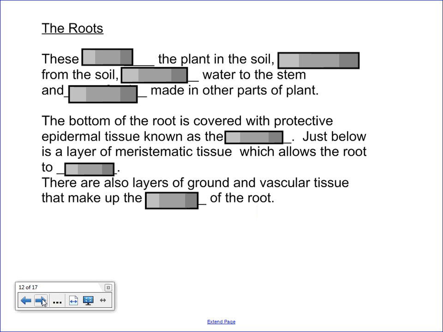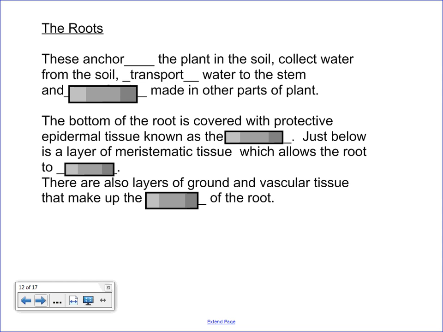So looking at each of those organs, starting with the roots. The roots are what anchor the plant in the soil. They collect water from the ground, and they also have to transport that water to the stem, and they will also store food made in other parts of the plant.